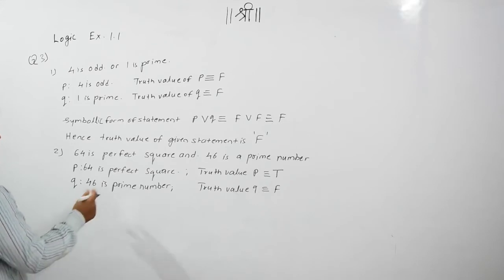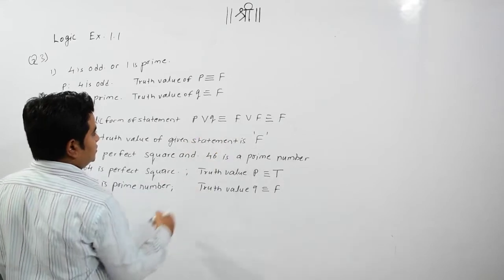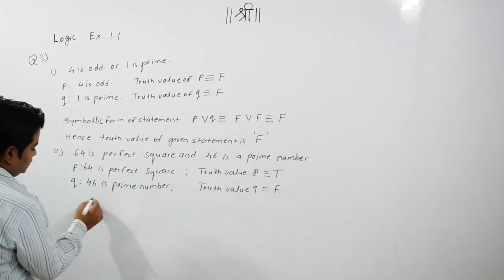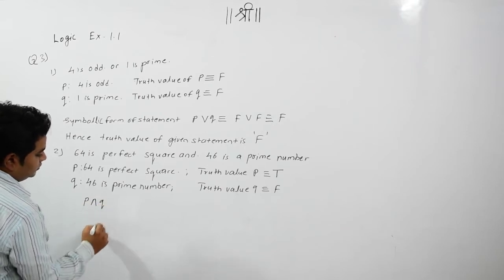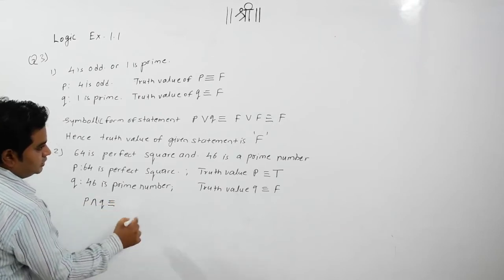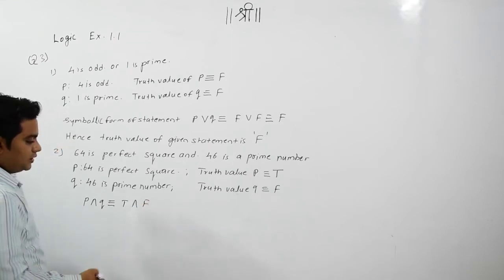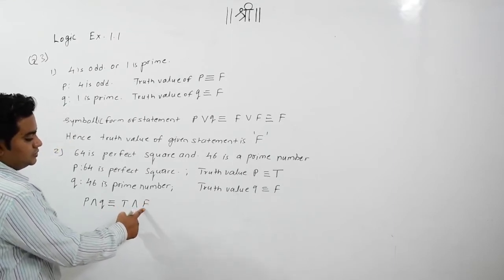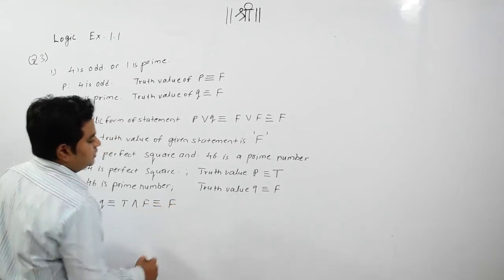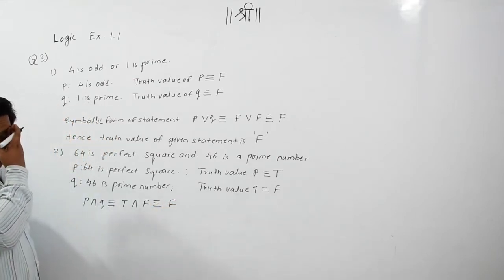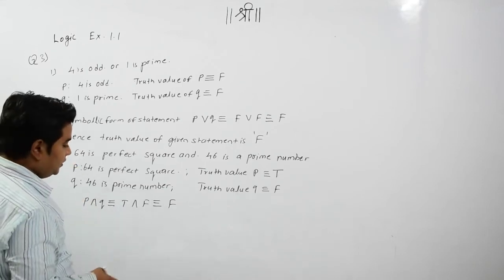Now the symbolic form of the statement is P and Q, but what is the truth value? P and Q is equivalent to T and F. All of you know that 1 into 0 is equivalent to 0, which is false. I am using that 0 and 1 concept, which I explained in an earlier video.